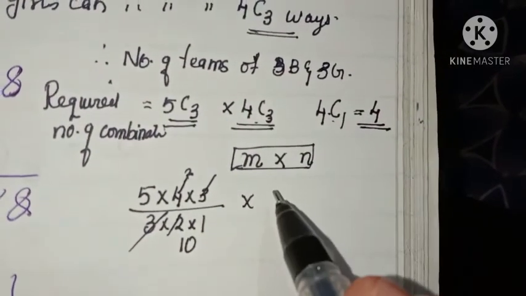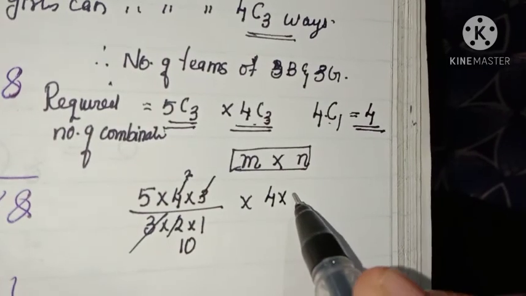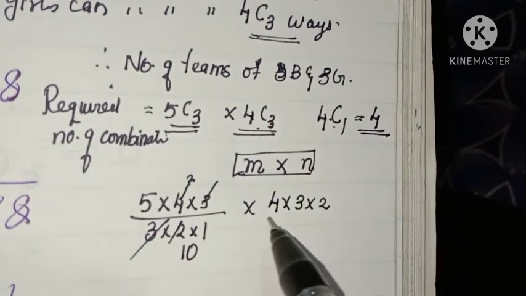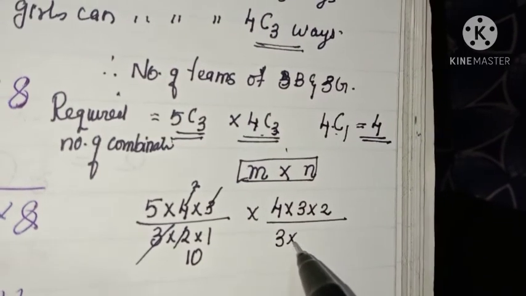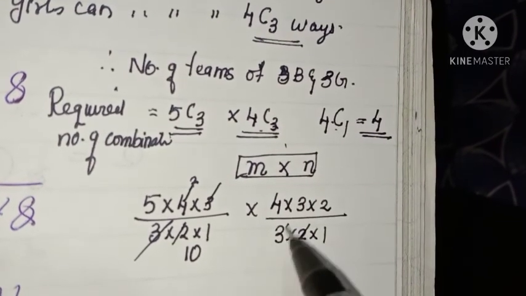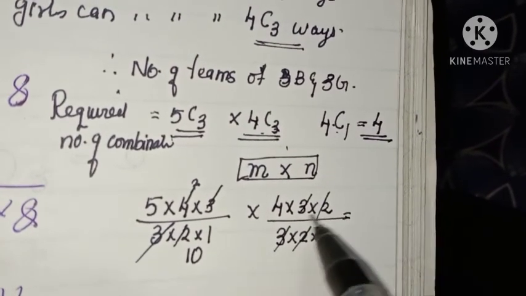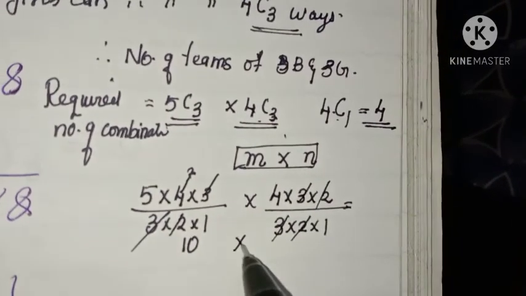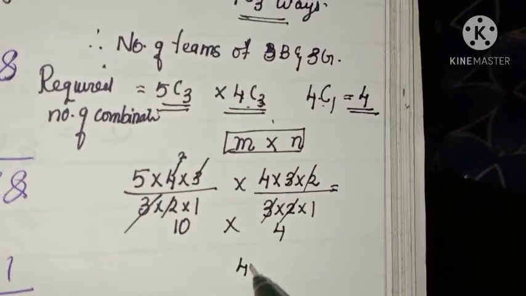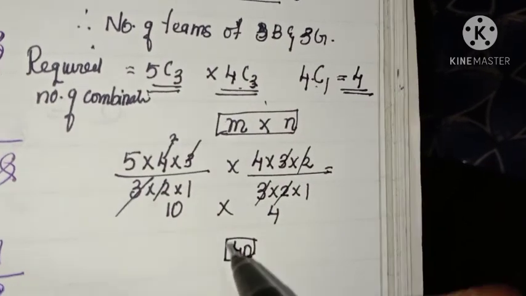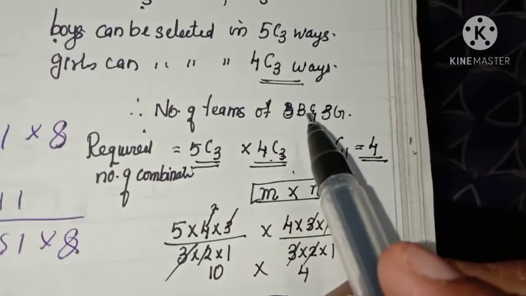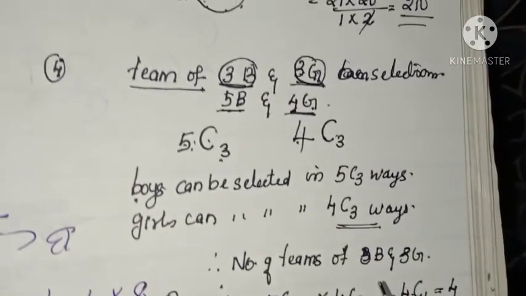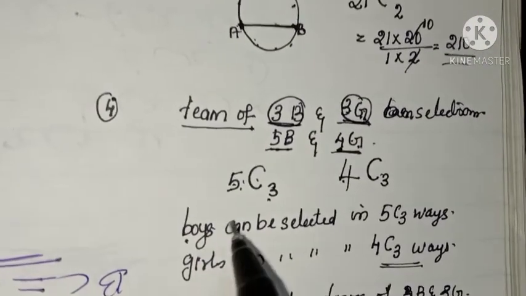Otherwise, write down 4C3. 4C3 is 4 into 3 into 2 by 3 into 2 into 1. So here we can cancel 3 and 2. What is the answer? 4. So 10 into 4 means 40. So there are 40 teams consisting of 3 boys and 3 girls. Okay. So this is question number 4.